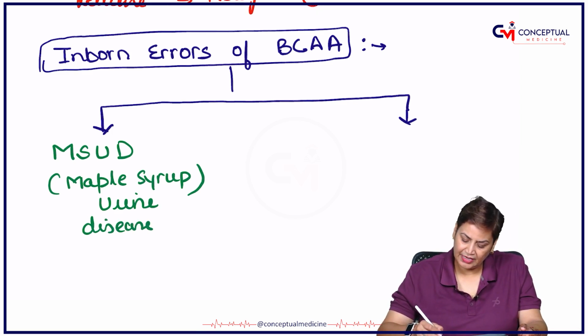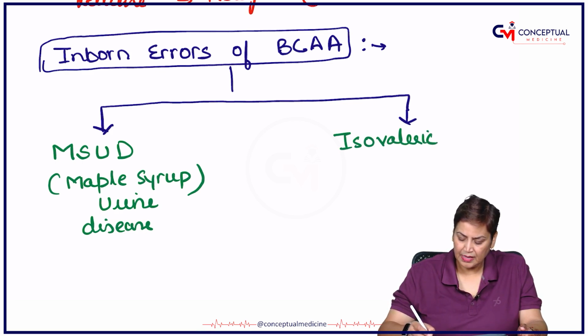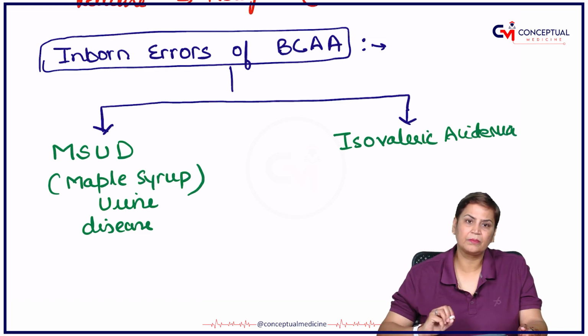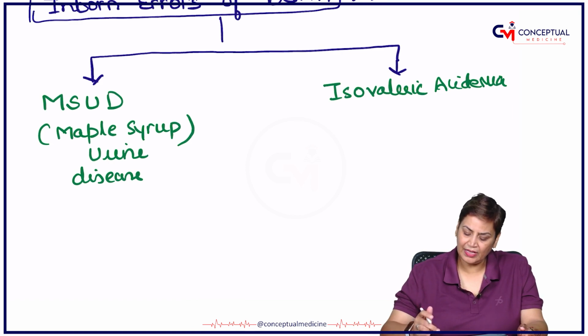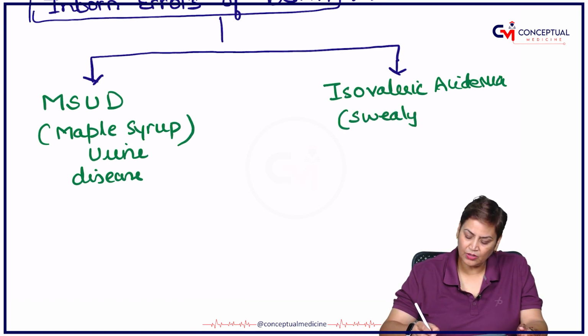And the second one is isovaleric acidemia. Right, this isovaleric acidemia is also known as sweaty feet odor.